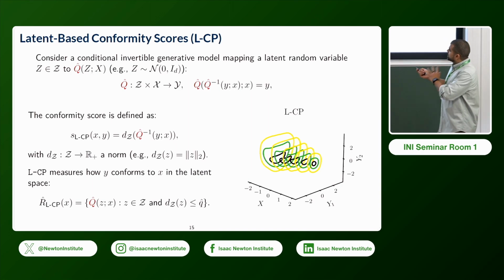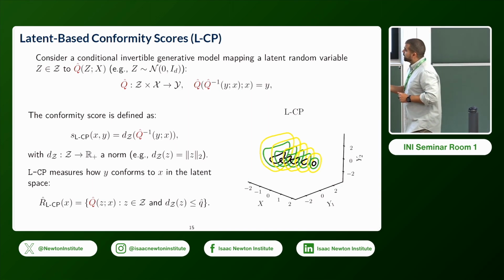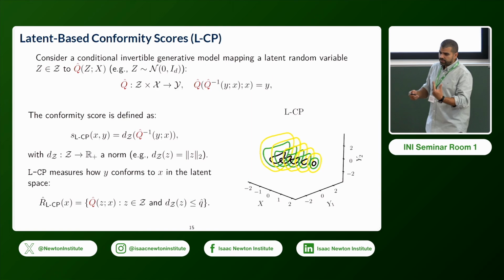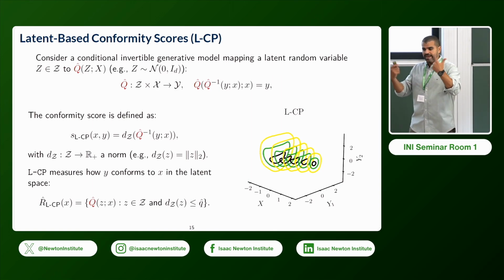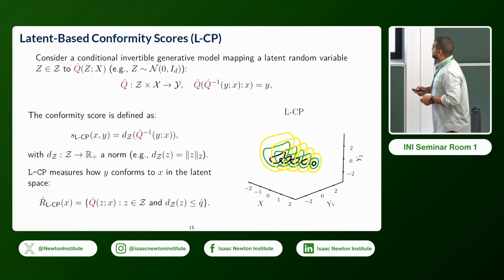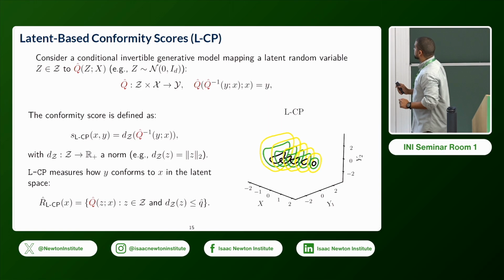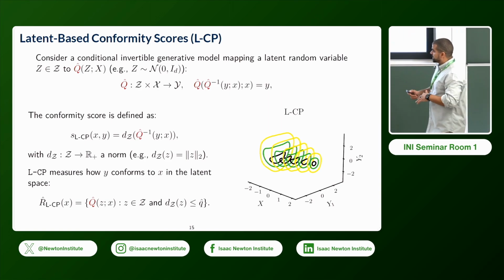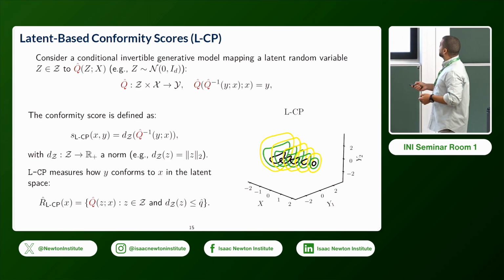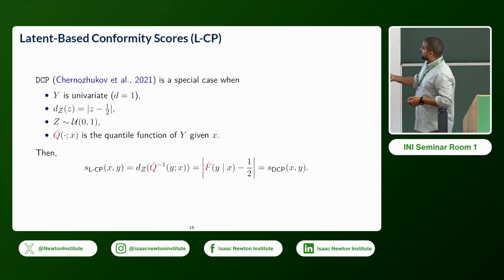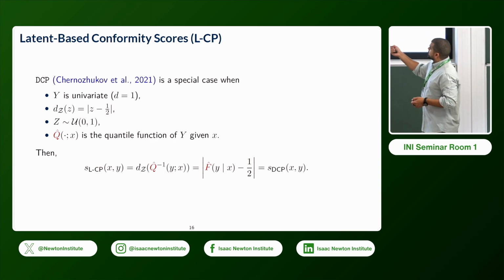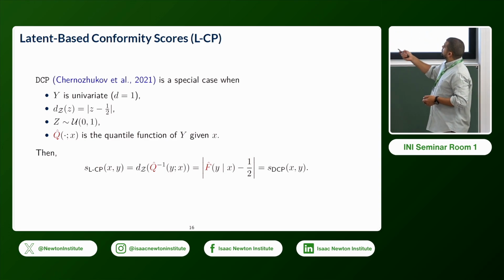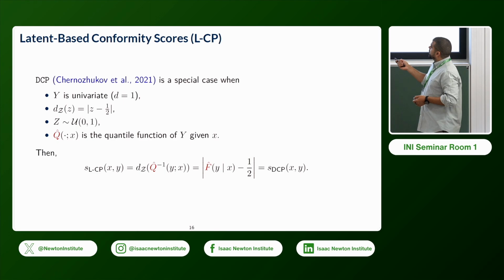So what you are doing with this score is essentially measuring, for a given X, how Y conforms to X. I know it's a lot to digest, but the general idea is we work in the latent space. And the DCP, this one, is a particular case of this score in the univariate case.